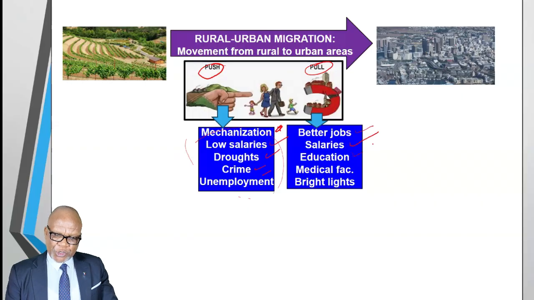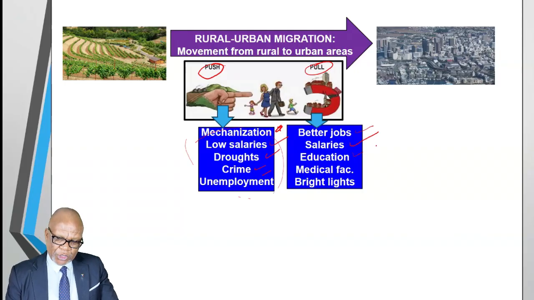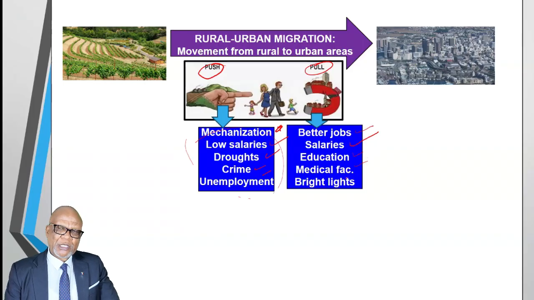It must not be just education, because there is education in rural areas, but the standard of education is poor. You must say better or higher standard of education. You cannot just say medical facilities. You can say better or improved medical facilities, and then bright lights, so availability of bright lights.